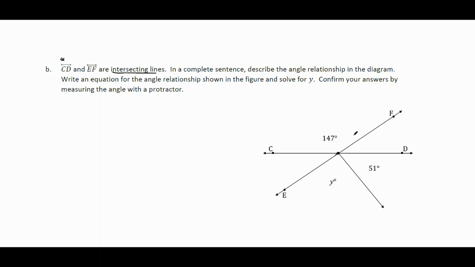One, if we have intersecting lines, these two here are vertical angles, and these two here, because they intersected, they formed an X. So each side of the X is vertical to the other, which means they are congruent.